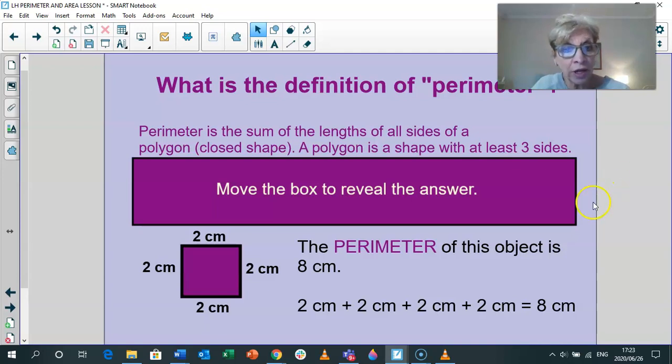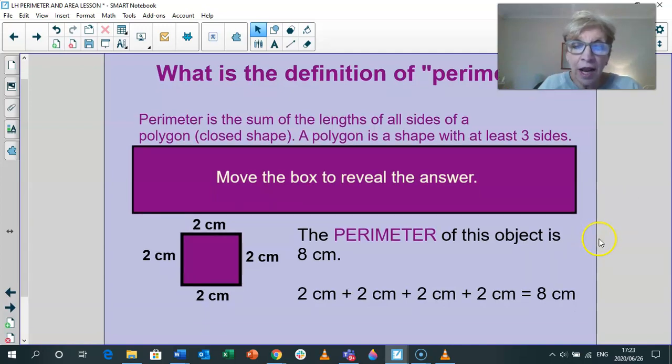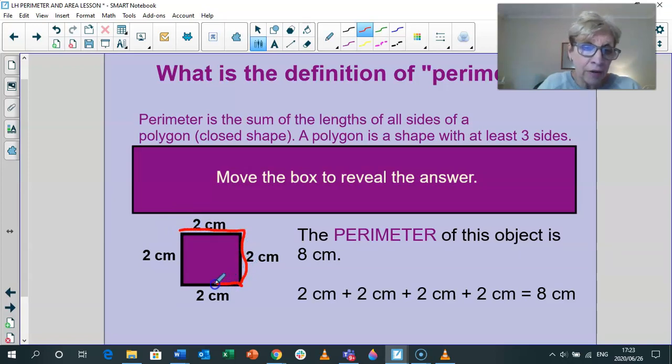So let's have a look now at this little shape down here. There is a square, a flat 2-dimensional square with equal sides, of course. All the sides are 2 centimeters. And if an ant walked around here, an ant would walk 2 centimeters and another 2 centimeters and another 2 centimeters.